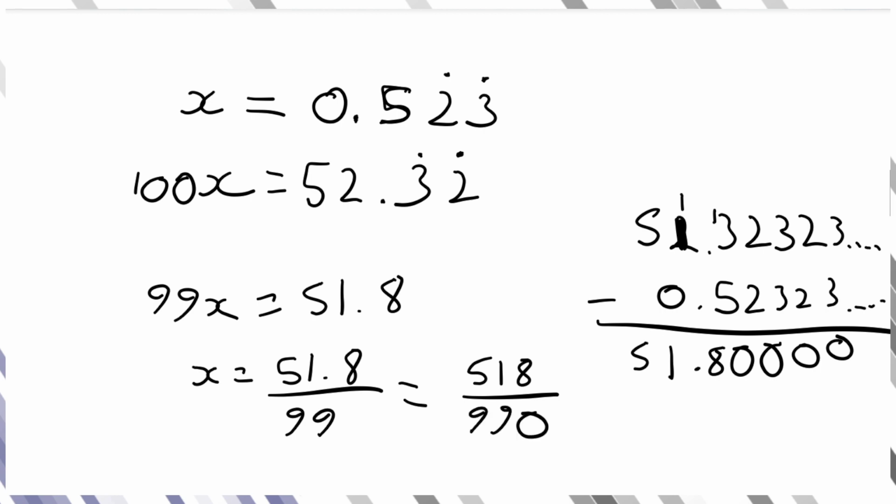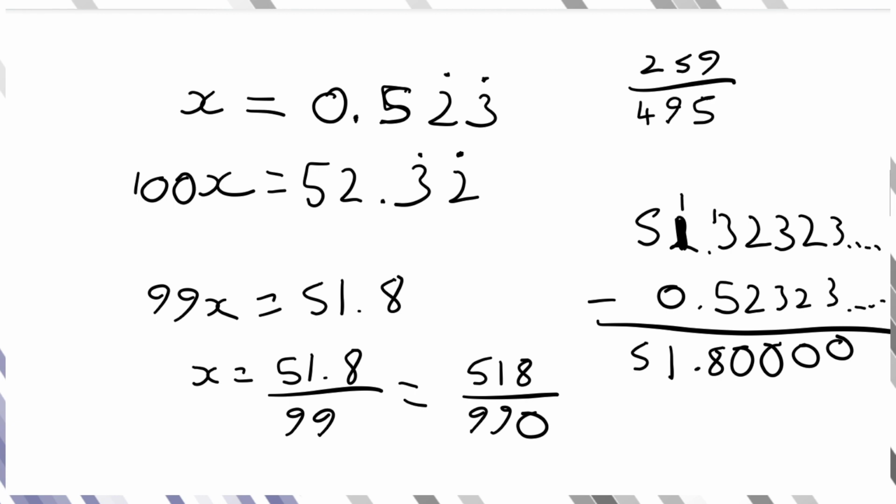From there we can simplify it, and that gives us our value x, our decimal 0.523 recurring, 23 recurring, sorry, as a fraction, 518 over 990. From there it might not be too difficult to simplify. So we could halve the top and the bottom because they're both even. So half of 518 is 259, and then half of 990 is 495.